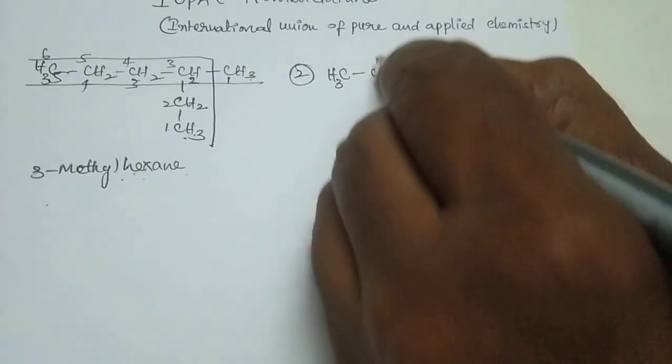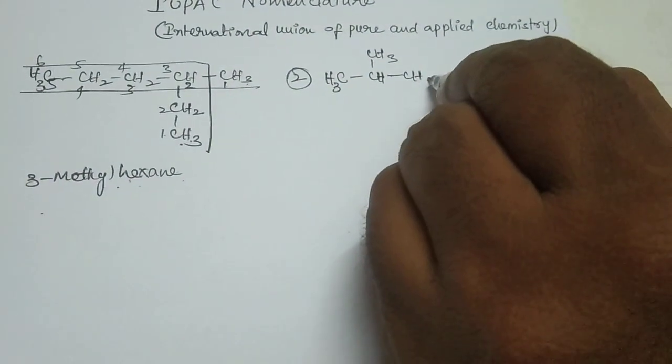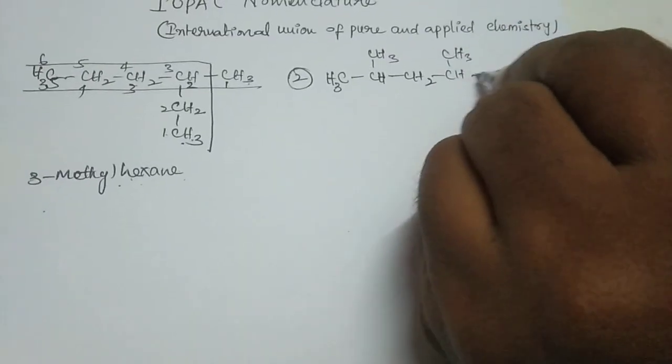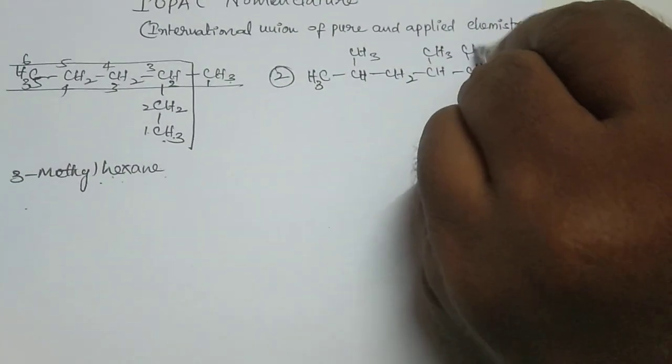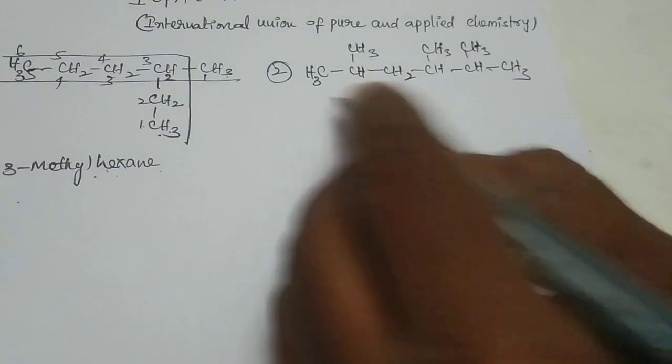For example, here you have CH2, CH, CH3, CH, CH3, CH3. So this is the carbon chain.